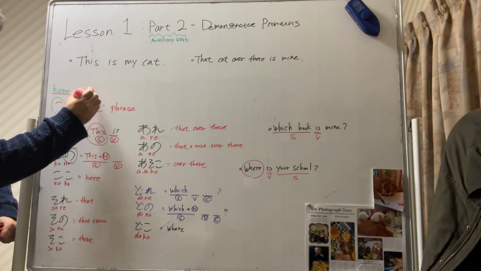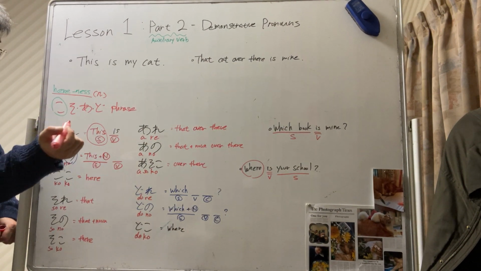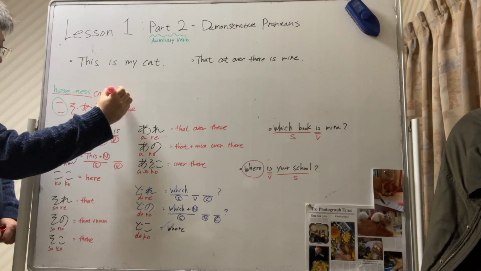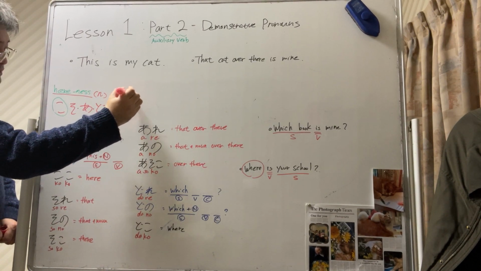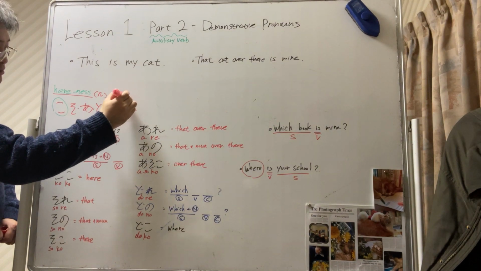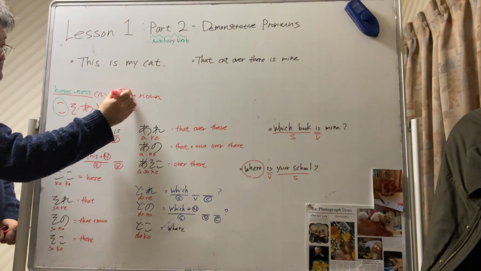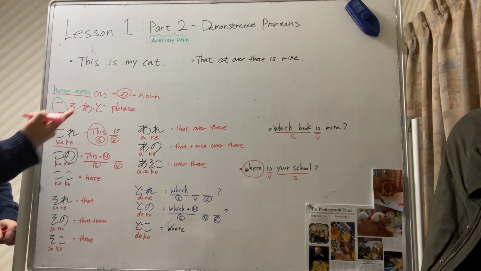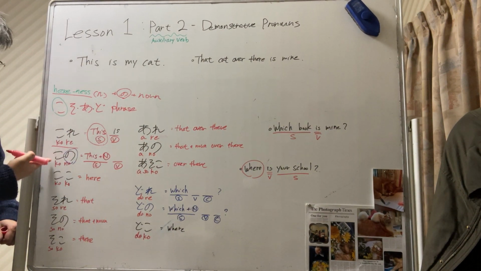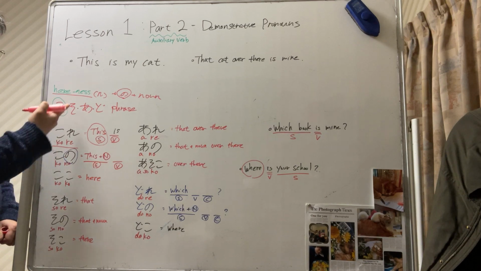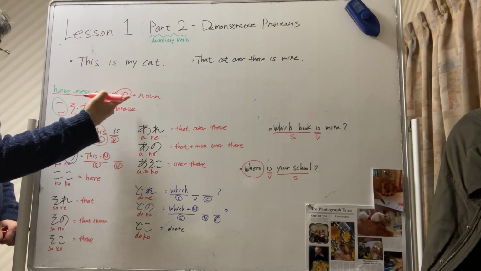again, here-ness, this is a noun, right? So this noun plus no plus noun. So here kono simply refers to the noun plus no plus noun.